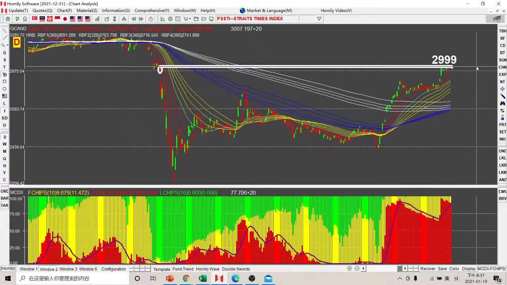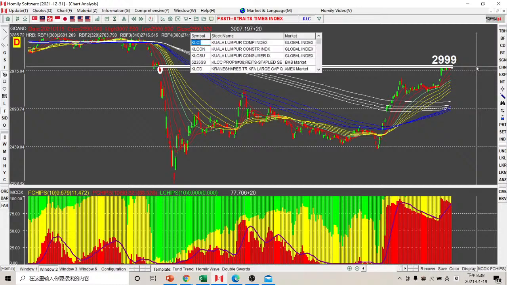So above 3,000 will be better, and it will be strong and continue to rise. In the next half year, our target is 3240. Currently it is just sideways around the 3,000 resistance level. If 3,000 can break up, it will have more space to go.